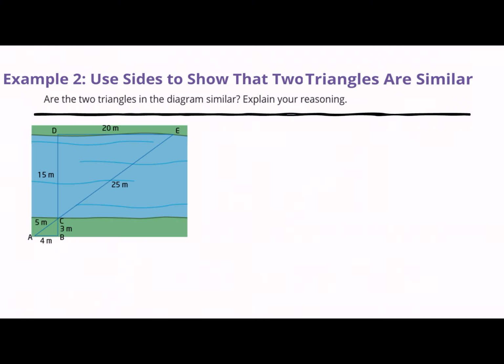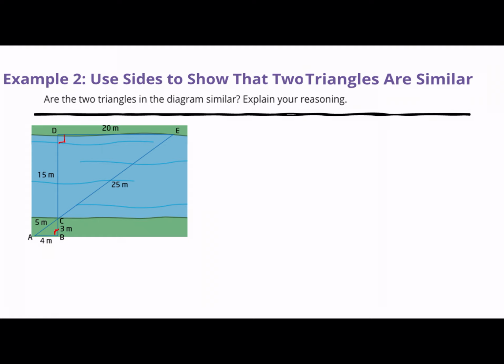Example 2. Use sides to show that the two triangles are similar. Before we were looking at the angles, now we are looking at the sides. We could do the same thing and prove that this is a right angle and that is a right angle. If those had right angle signs, we would know that.